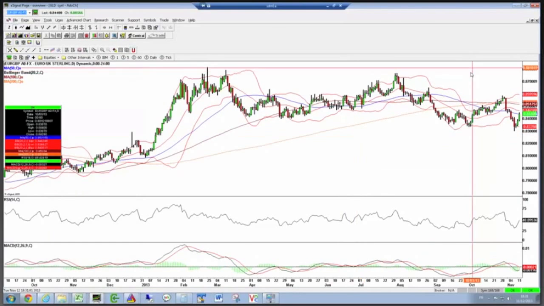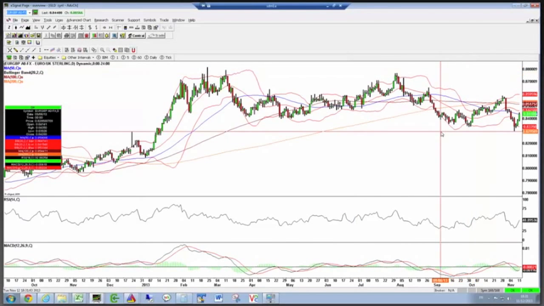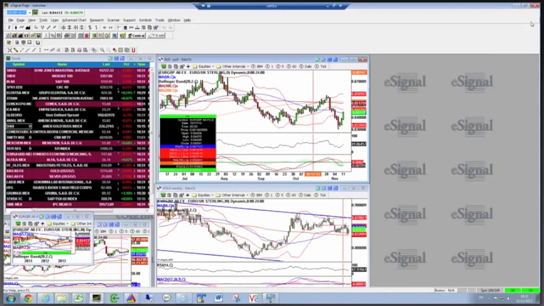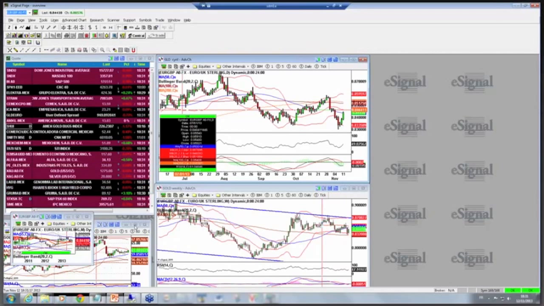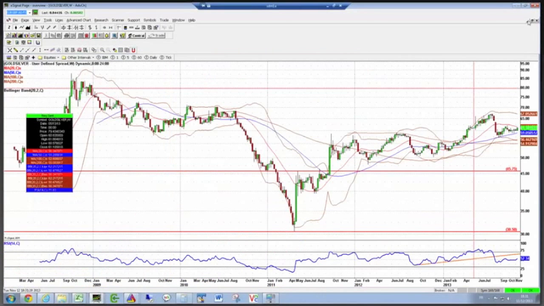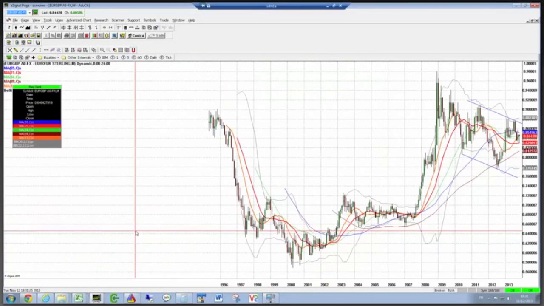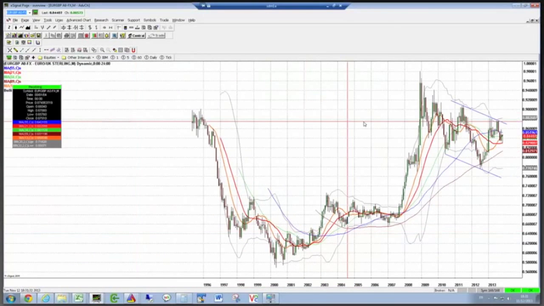Not on a daily chart, because it's unclear on a daily chart, but if you have a look at a monthly and a weekly chart, you can see that the technical configuration is becoming more and more interesting. Sorry, it's not a good chart. If you have a look at monthly charts on the euro against the British pound, we have several interesting patterns.